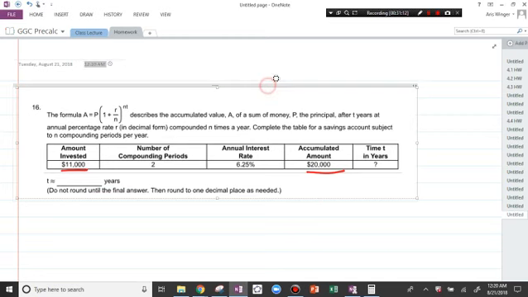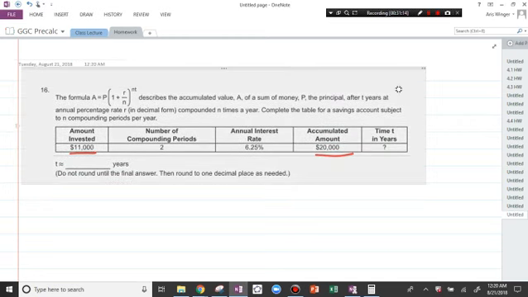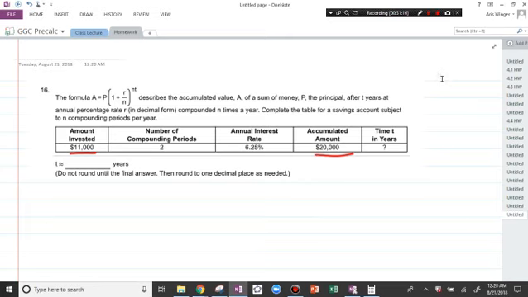Again, this one's going to look semi-ugly. We're going to do it just like everything else. In this case, this is P, N is 2. The interest rate we need to write as a decimal is 0.0625. The amount at the end needs to be A, and it's t that we are looking for.